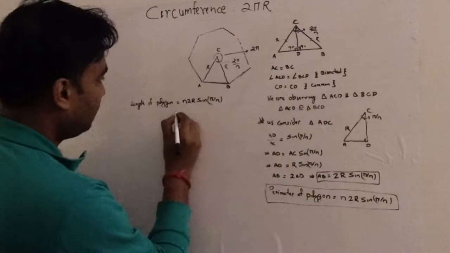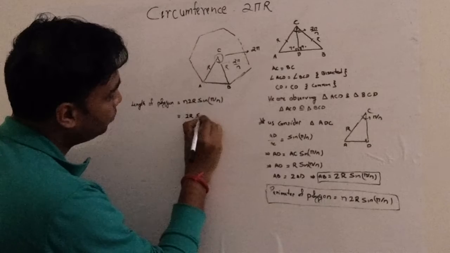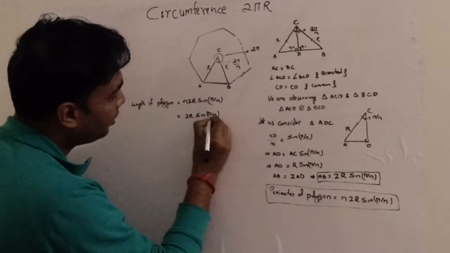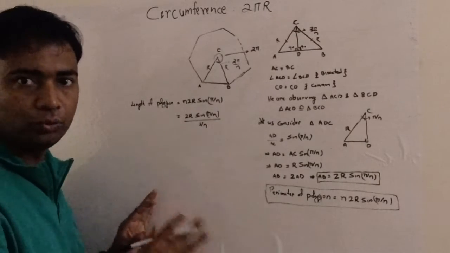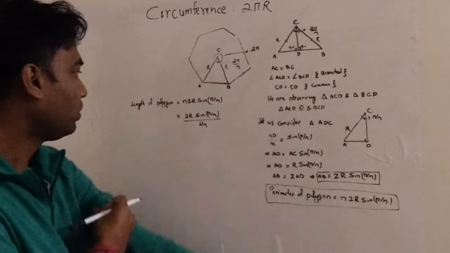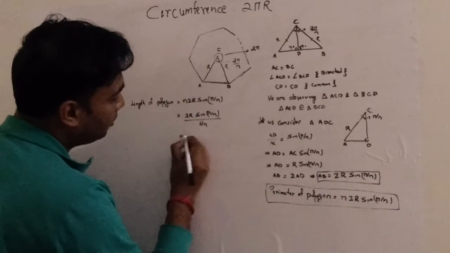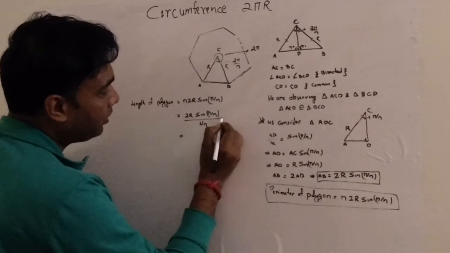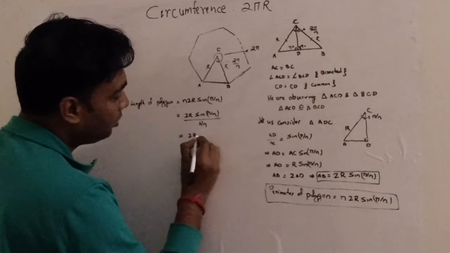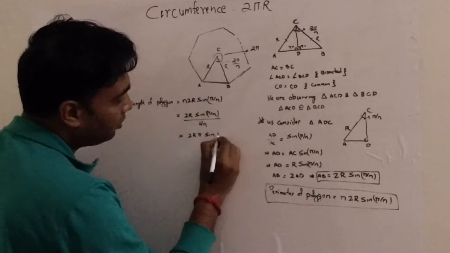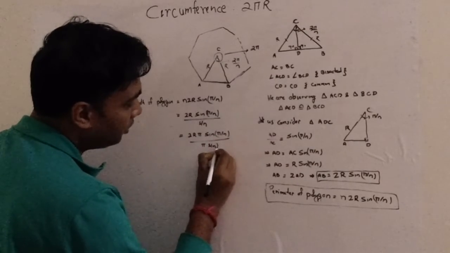Now what I can do is write this as 2 sine pi over n, and I can take this n and write it here like this. This is basic mathematics. Now I am going to multiply this whole thing by pi on its denominator as well as on its numerator, so that it is 2r pi sine pi over n and pi, 1 upon 1.